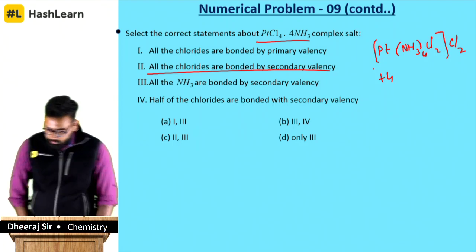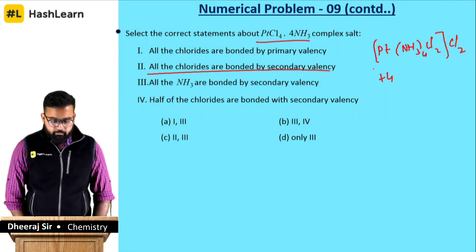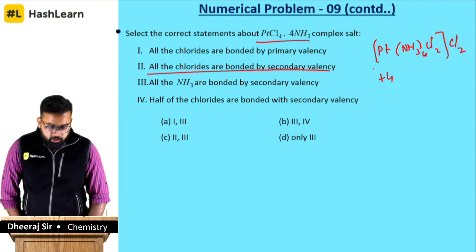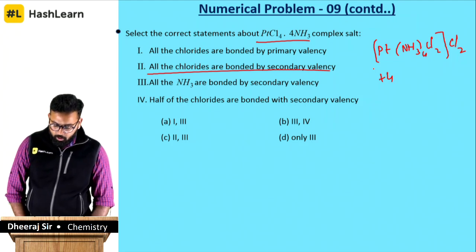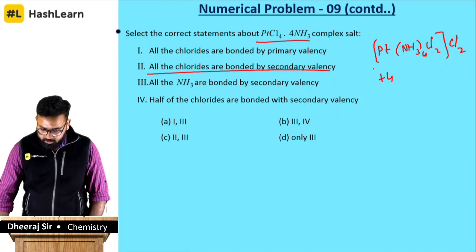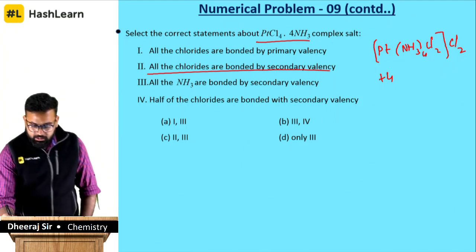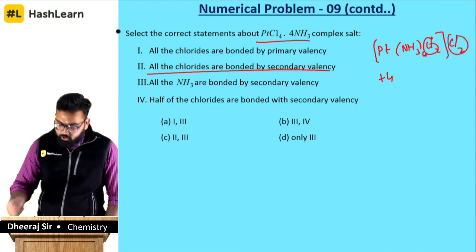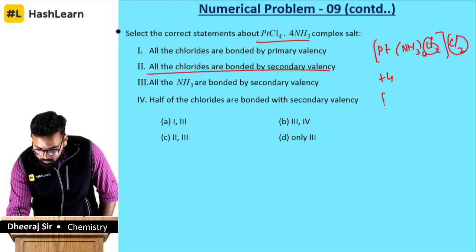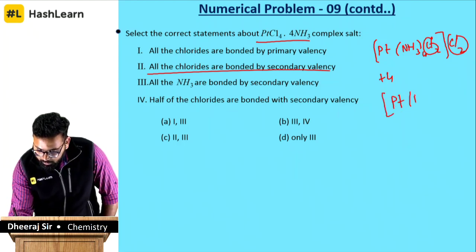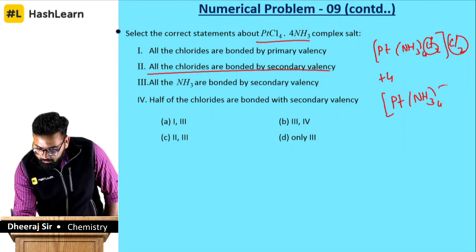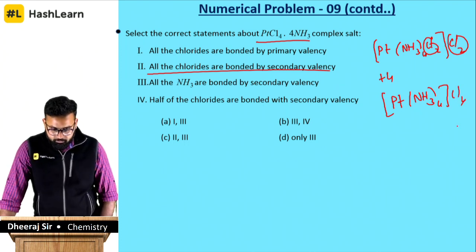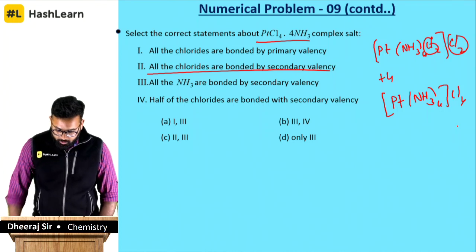No, all the chlorides are not bonded by primary valencies. The chlorides outside are just there to balance the charge. If you want, you can write this as well: [Pt(NH3)4Cl2]Cl2, it can be this as well. Okay, moving ahead.